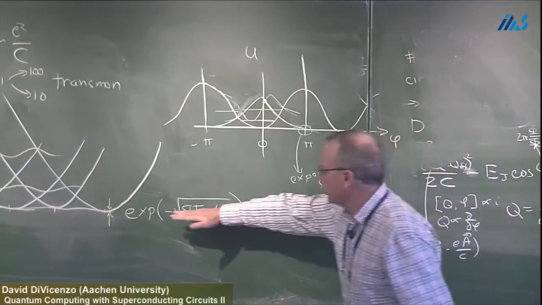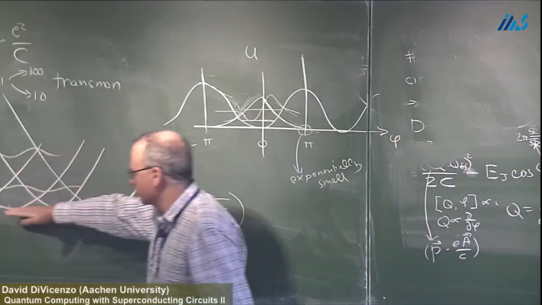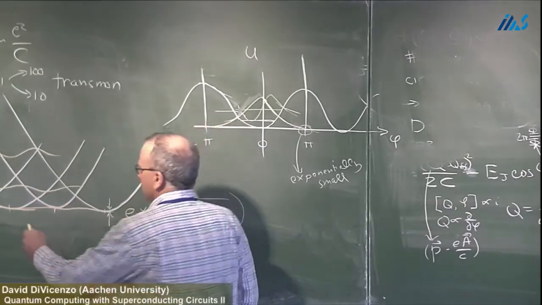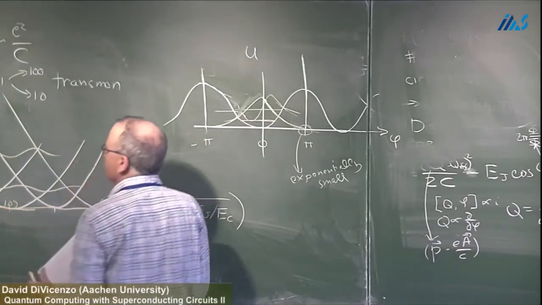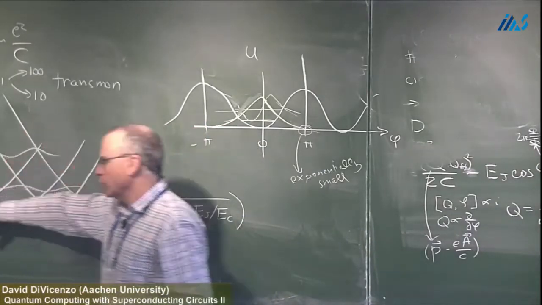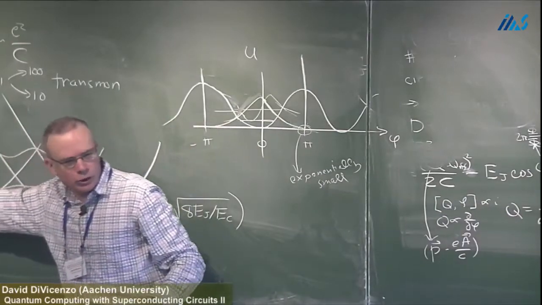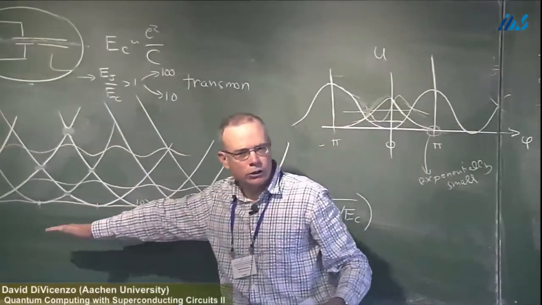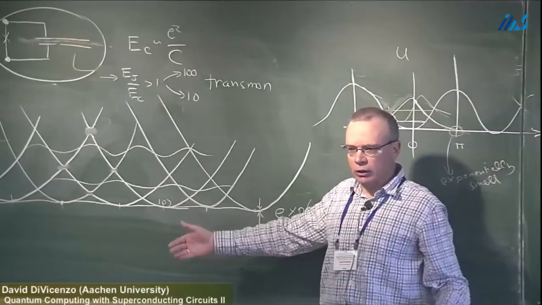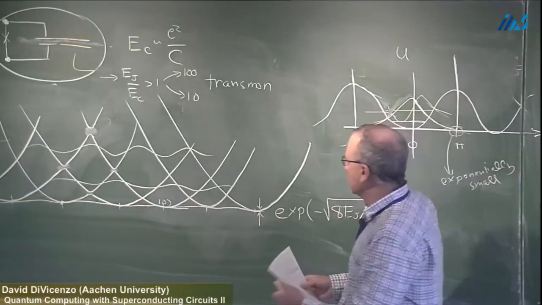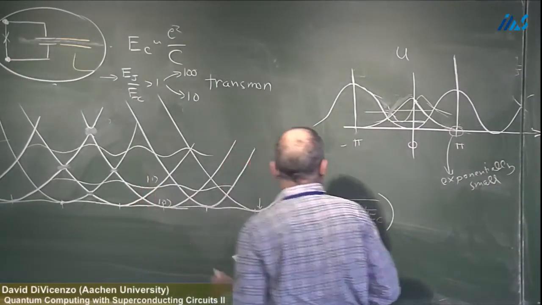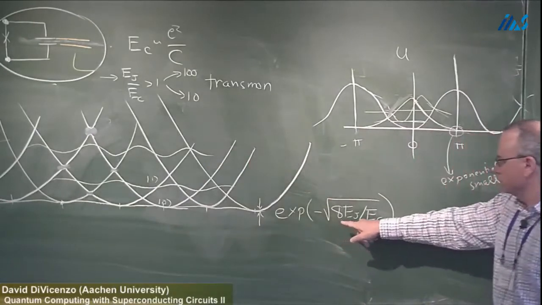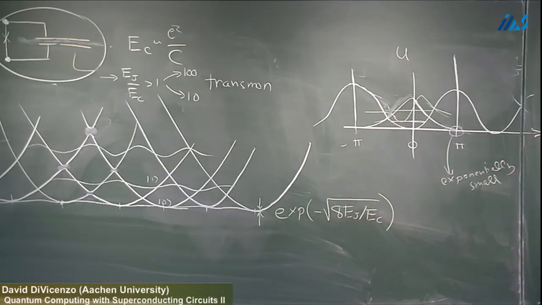This is only for the lowest branch of this, so it's only for the 0. So this whole branch becomes the 0, and you don't have to distinguish. The wave function is so insensitive to this variable that it doesn't matter where it is. And you get a similar formula with, I think, a smaller factor here, but still exponentially small bandwidth for the 1.